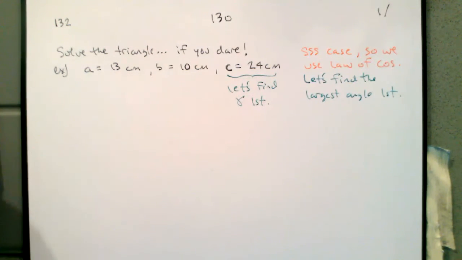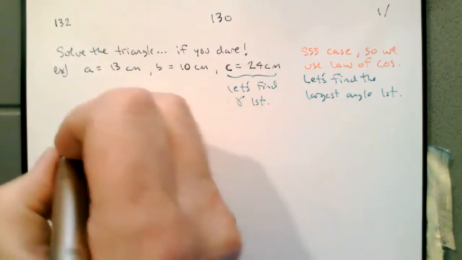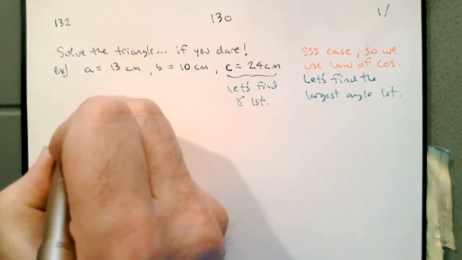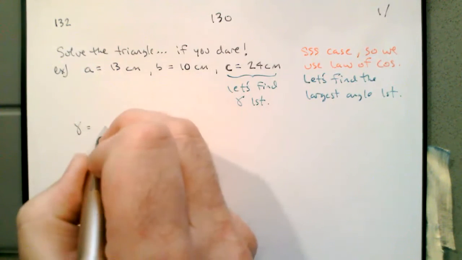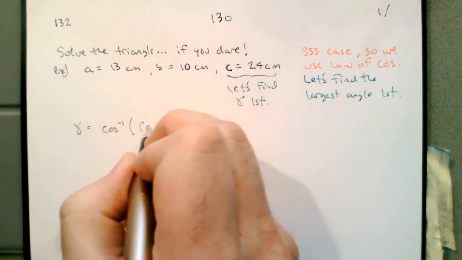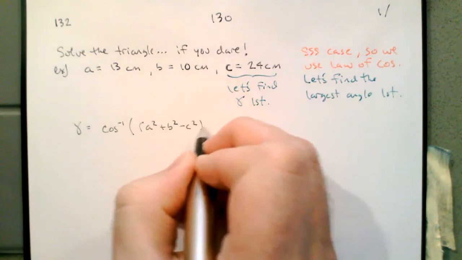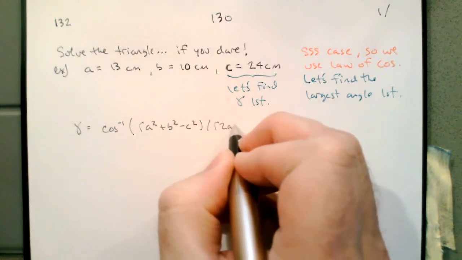So the law of cosines, when solved for an angle, says gamma will be the cosine inverse of a squared plus b squared minus c squared divided by 2ab.